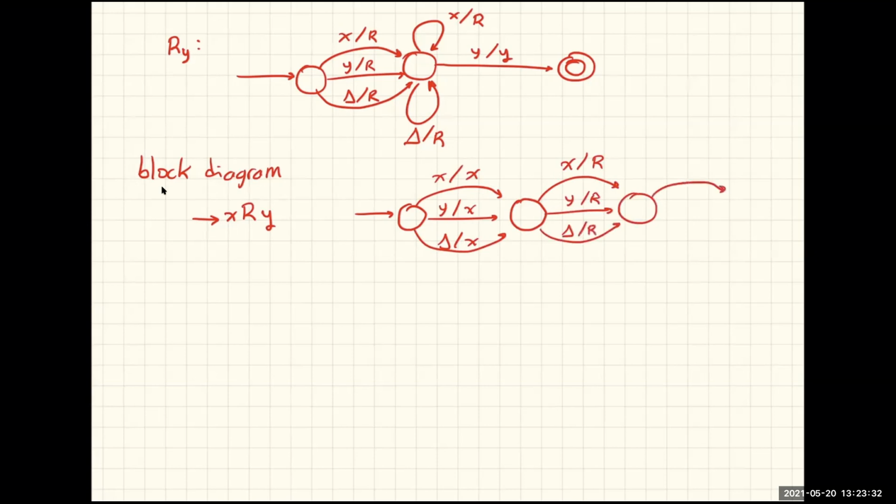And finally concatenate it with the Y machine. Whatever there is, write a Y, even if there's a Y already. There we have. Then you can see how much simpler is this notation than all this notation, right? So from now on, we will start using this kind of notation.